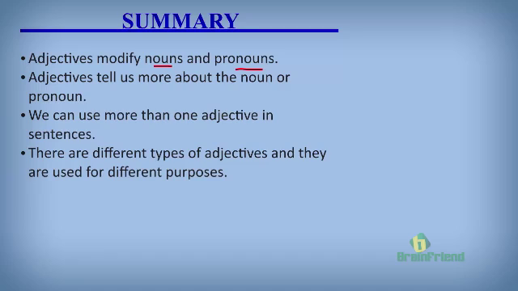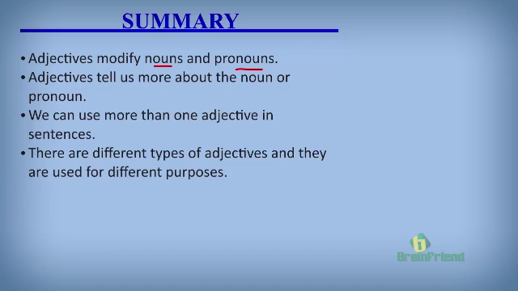We also learned that there are different types of adjectives. Can you list them? We said we had the possessive adjectives, demonstrative adjectives, and interrogative adjectives. And finally, we learned about the comparative forms of adjectives. Adjectives are used to compare one noun or pronoun to the other.